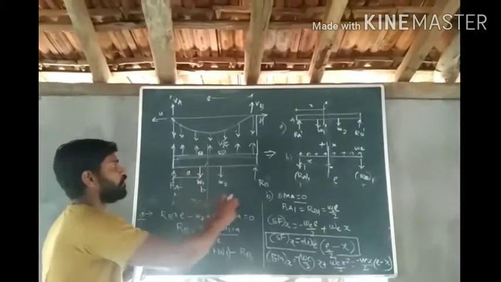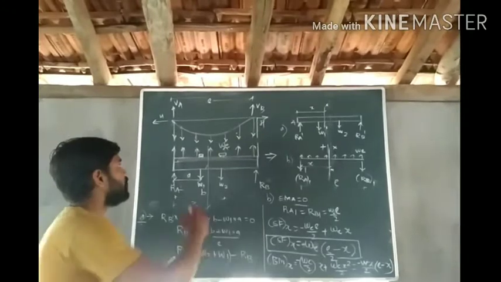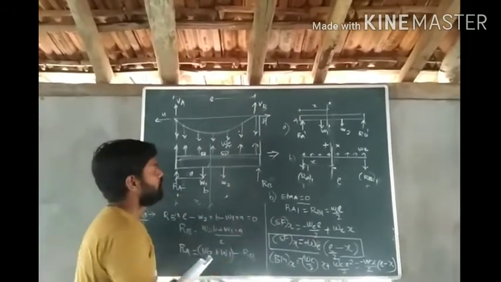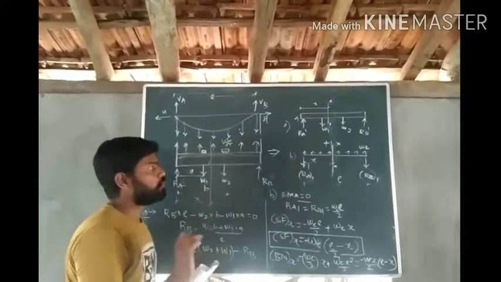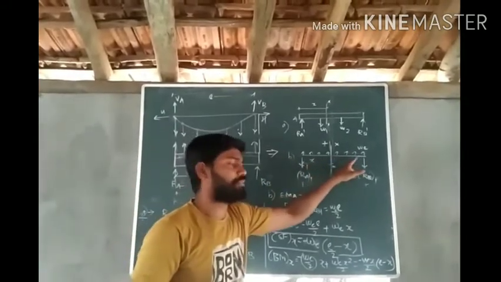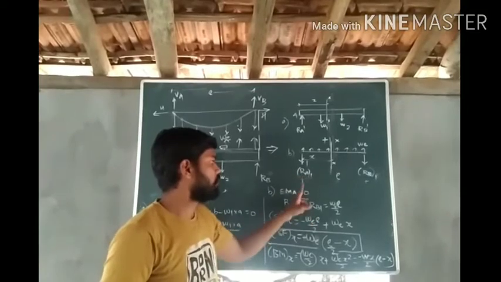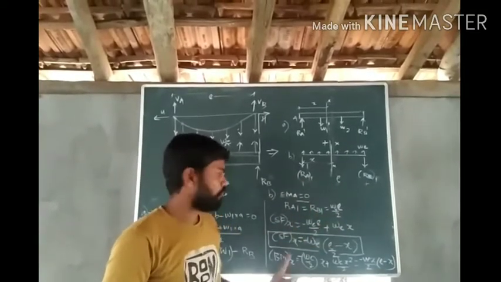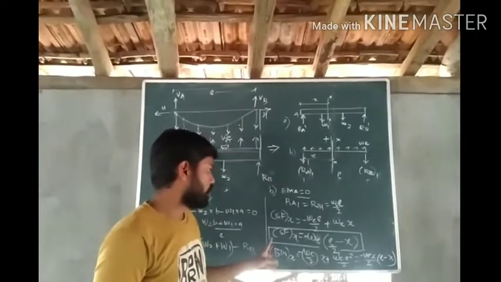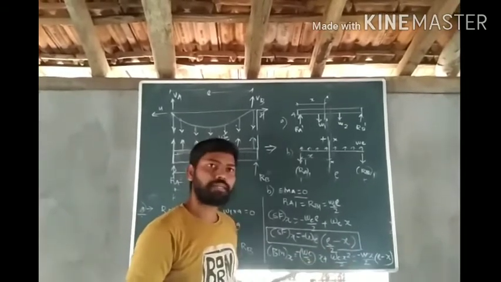So the external load acting on this stiffening girder will be different, but the load transferred by the suspender to the suspension cable will always be in the form of UDL. So this will not change, and this reaction RA1 will also not change. This will be WE into L divided by 2. So the shear force formula and bending moment formula will also remain the same. So the shear force at X is minus WE into bracket L by 2 minus X.